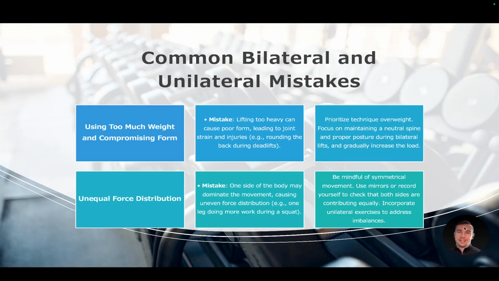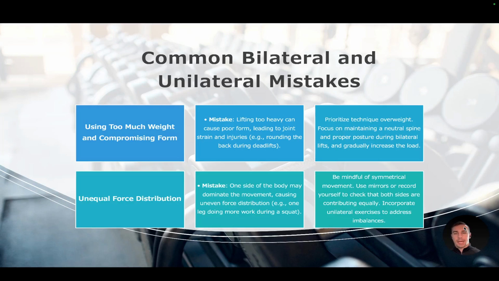So again, it's just dissecting these things and understanding them a little bit better. Okay, going back to what we were talking about. What are the common bilateral and unilateral mistakes from these training methods? Using too much weight and compromising form. These can go with either type of training method, but these are some common mistakes that a lot of people make when doing these training methods. And this is a big one: using too much weight.